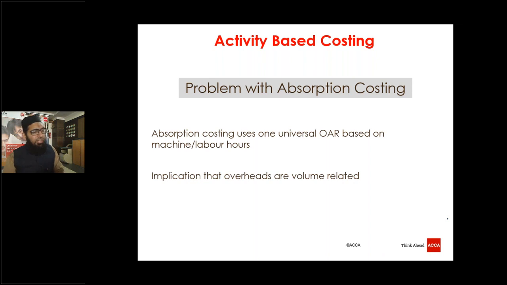Now the implication is that overheads are volume related. So more overheads will be charged to those products which are high in volume, although sometimes low volume products are more technical and more difficult to do.